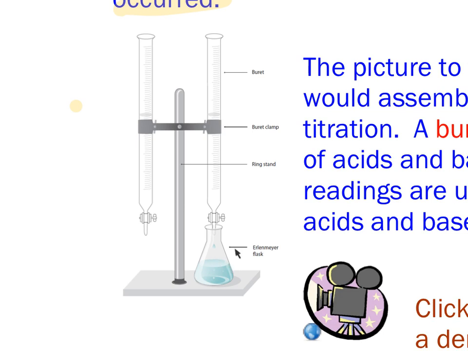And the known concentration of either the acid or the base would be in here. Drop by drop, you'd add it to the flask and you'd have an indicator of some kind in the solution to let you know the moment that the solution is neutral. And actually, you'll be able to figure that out very quickly with the use of an indicator.